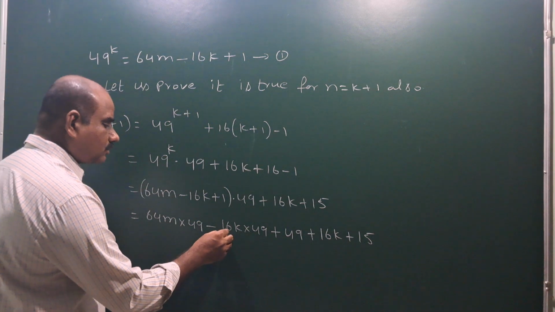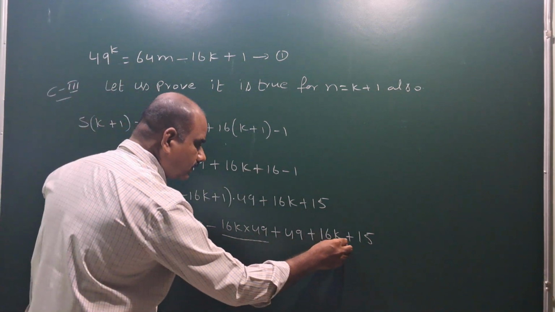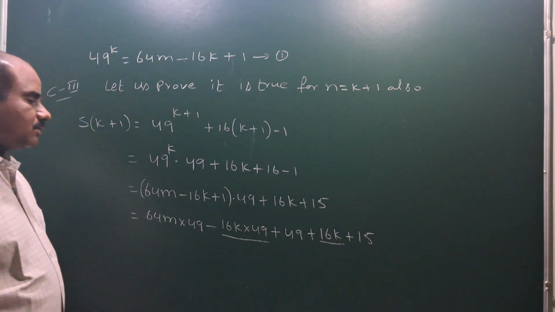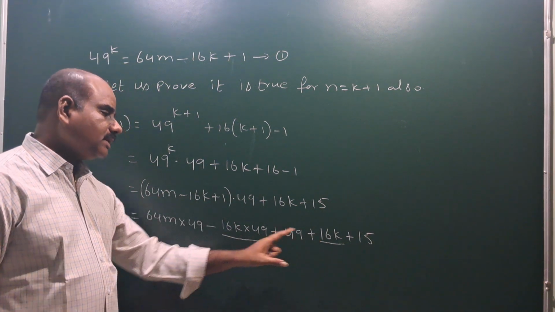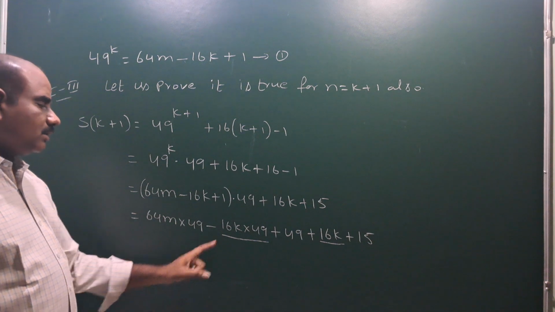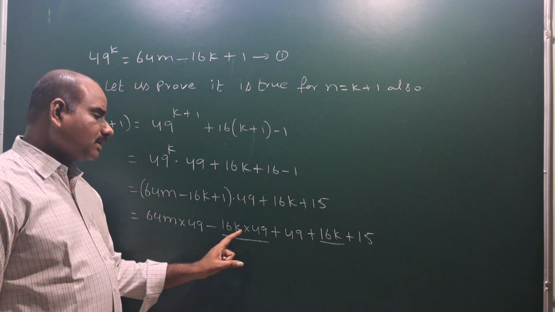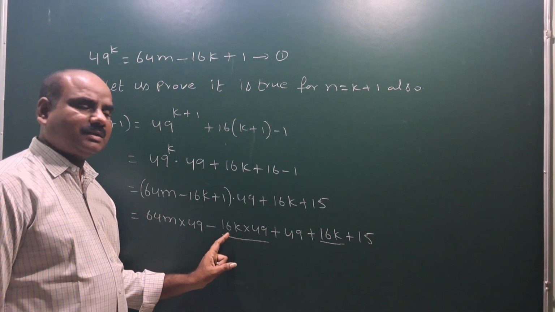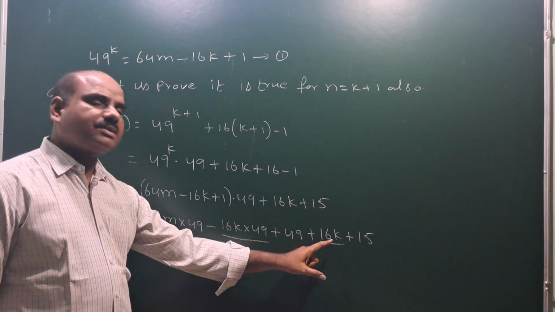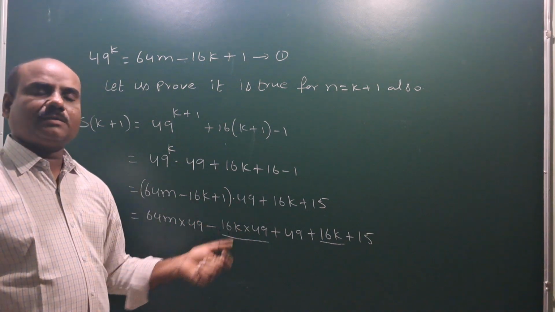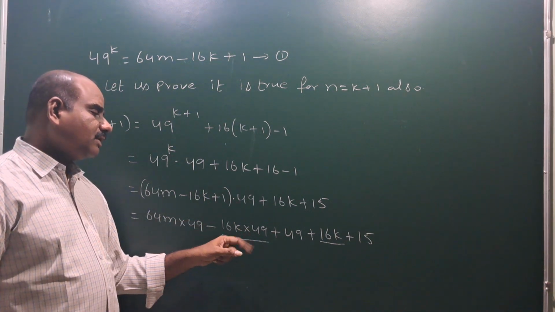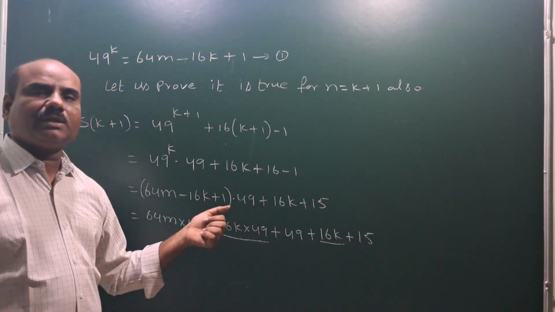And what about these two terms? These two are similar terms because both are containing 16k. Here how many 16k's are there? 49 16k's are there. Here only one 16k is there. This is minus and this is plus, so take the subtraction. So 49 minus 1 means 48.